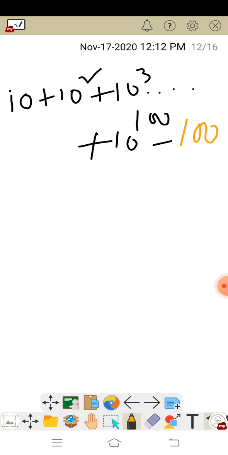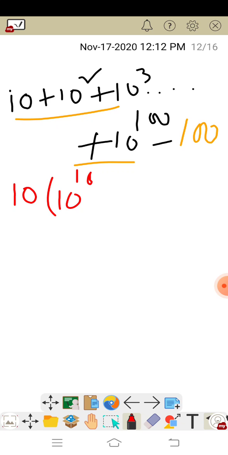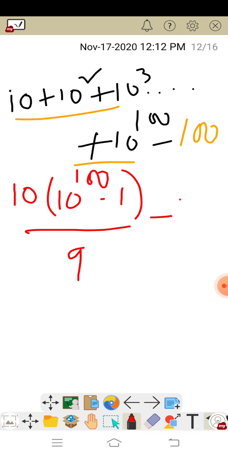Why minus 1 minus 1 minus 1? Up to here you already found the answer. What is that answer? That is 10 into 10 to the power of 100 minus 1 divided by 9 minus 100.